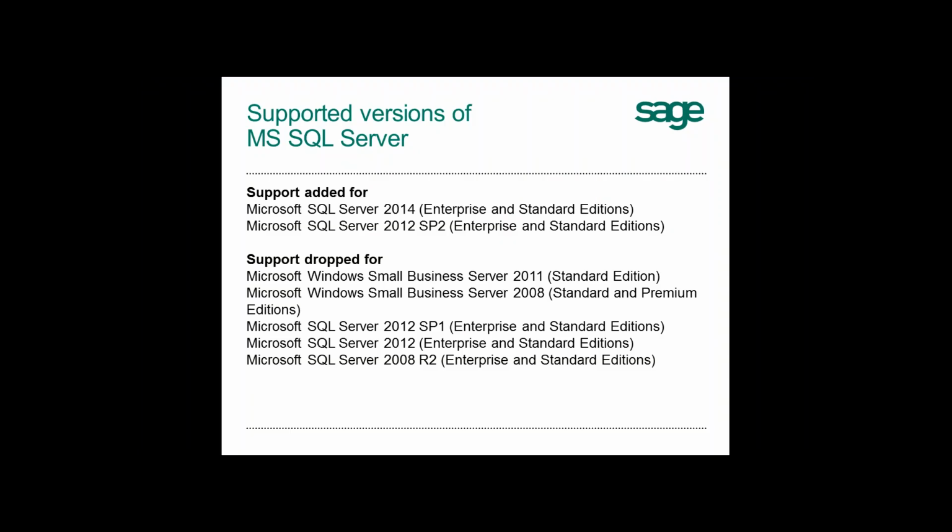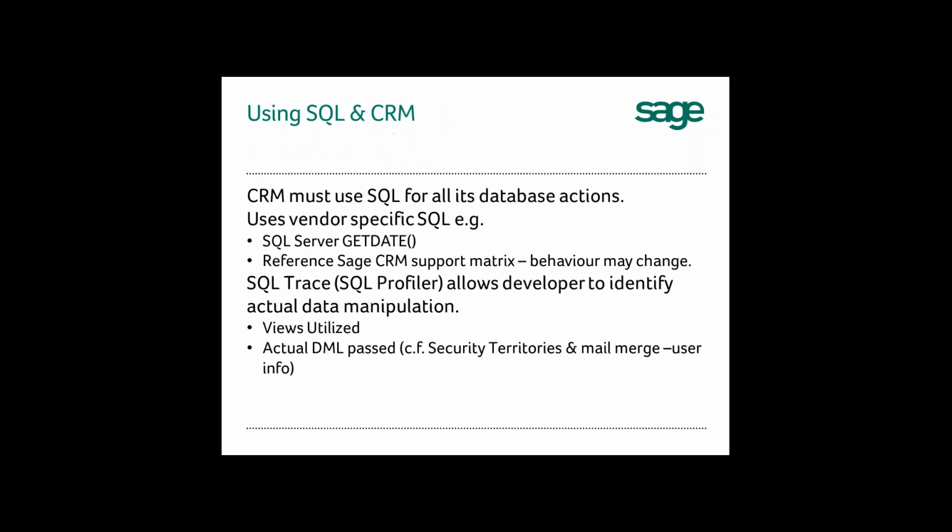Though I would hasten to add, within a support environment of a live system, this is the production server, you have to stick to the supported versions of SQL Server, and I would ask you to check the support matrix to make sure that for the particular patch status that you're on for 7.3, you are working with the correct versions of the database.